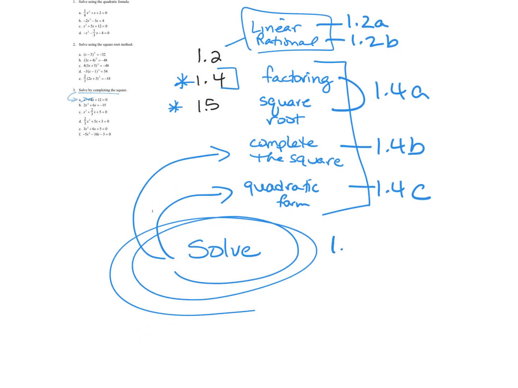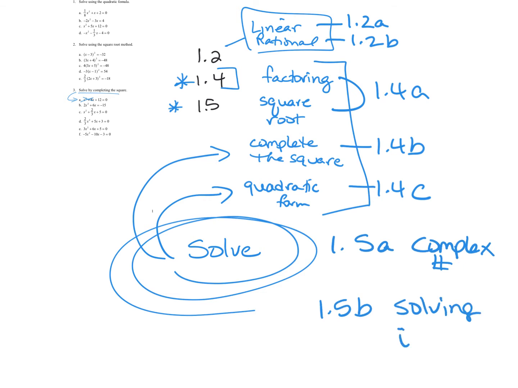And then 1.5a, that's where we were learning about the complex numbers. And then 1.5b, this is where we were solving. And we were using the techniques in 1.4, but the only difference is we had i's in the answer. So that's just a little overview of what all of the lessons are.